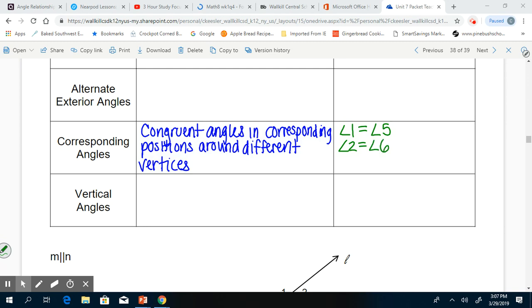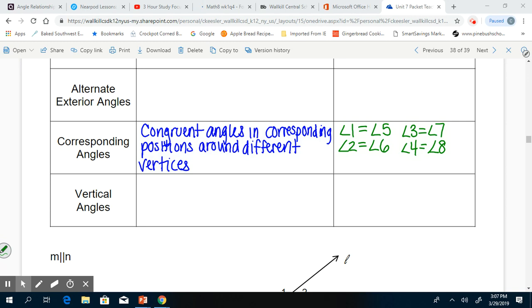Angle 3 corresponds to angle 7 because they're in the same position, one up top, one on the bottom. And last, angle 4 corresponds to angle 8 because they are in the same position, one on the top, one on the bottom. So it's kind of like you're taking those first 4 at the top and dragging them down to the bottom to find which one matches.